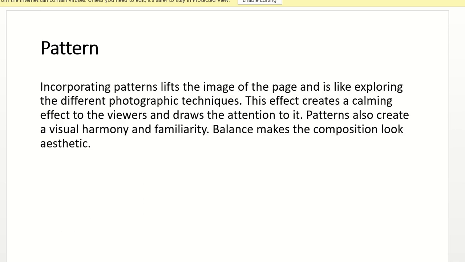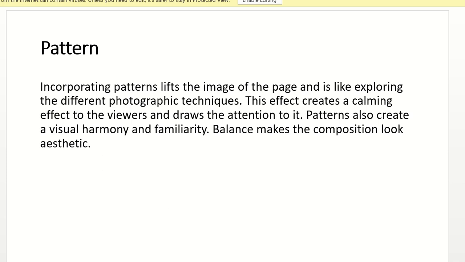Okay, let's continue. I want to explain the pattern as a form of photography. The pattern incorporates different patterns that lift the image off the page and is likely to explore several photographic techniques.